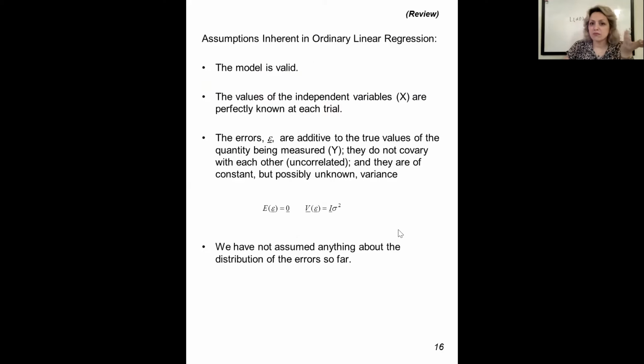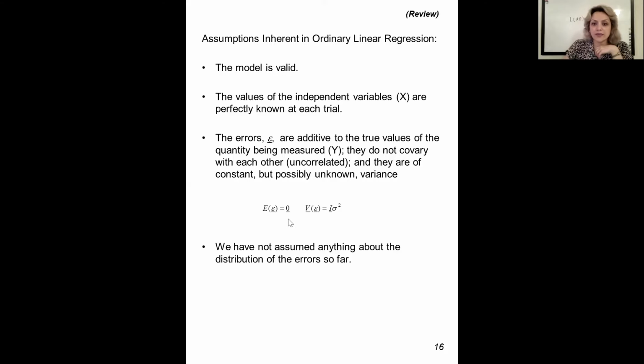We have some assumptions that we made so far. We would say, okay, the model is valid, the values of the independent variables are perfectly known at each trial, and the errors are additive to the true value of the quantity being measured, like the Y. They do not covary with each other, they are uncorrelated to each other, the epsilons that we would have, and they are of constant, possibly unknown, variance, right?